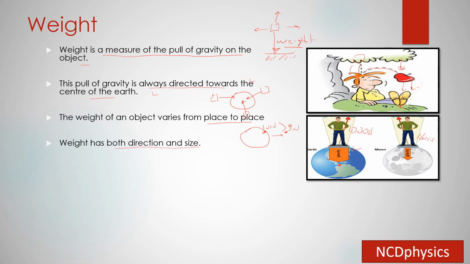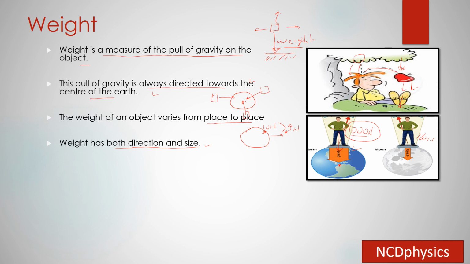Next one, weight has both direction and size. So for example, this guy we said has 1000 Newton force, isn't it? So the size of this force is 1000 Newton and its direction is, again we say, towards the center of earth.